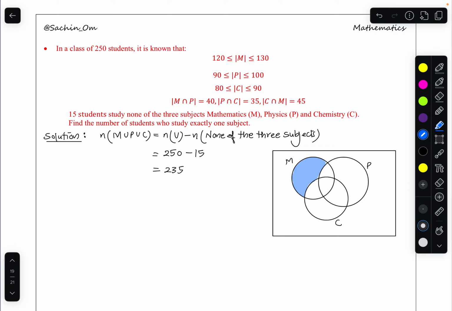Same thing for P and C. The number of people who study physics alone would be here, and the number of people who study chemistry alone would be here.